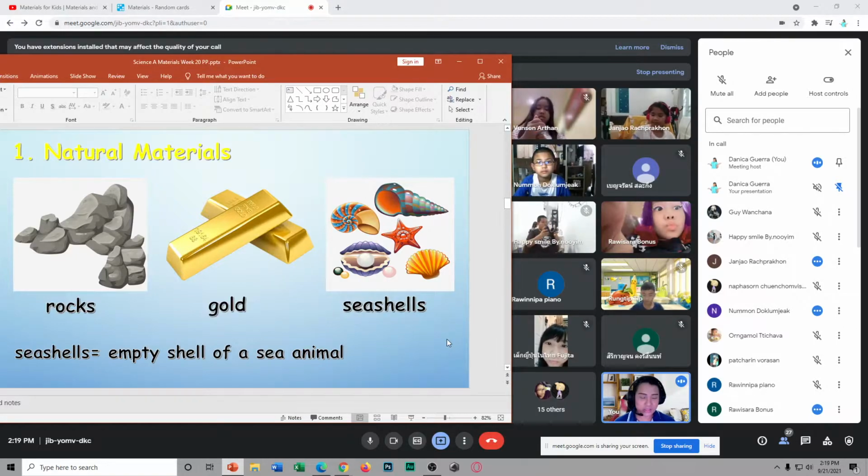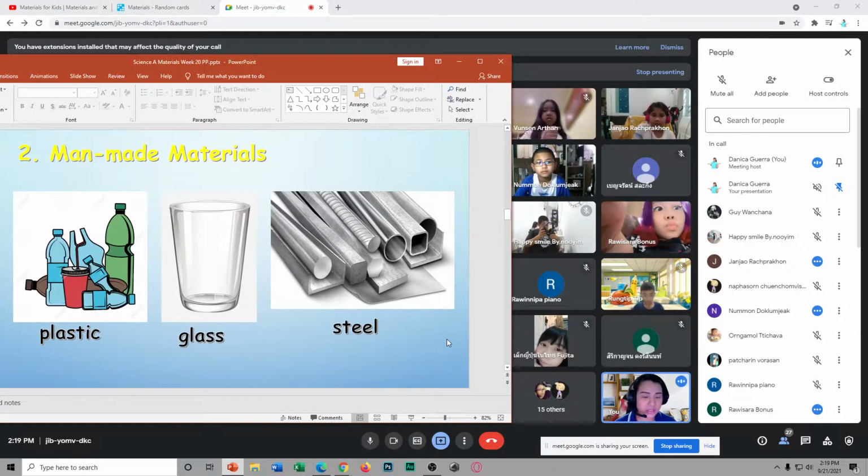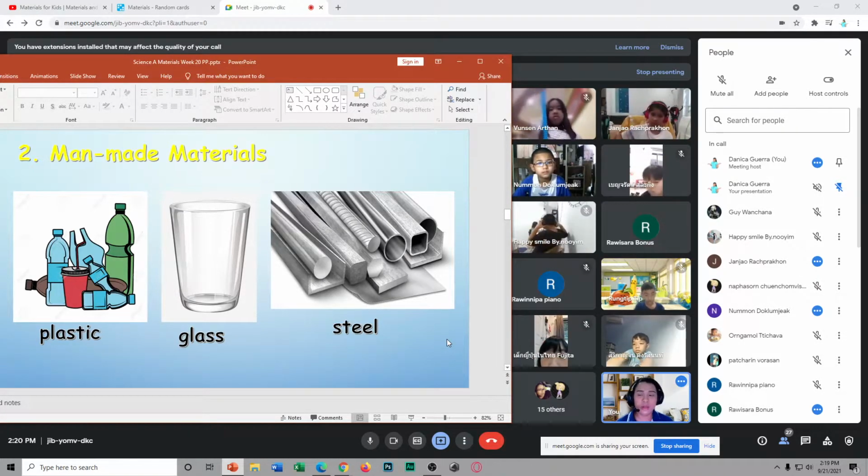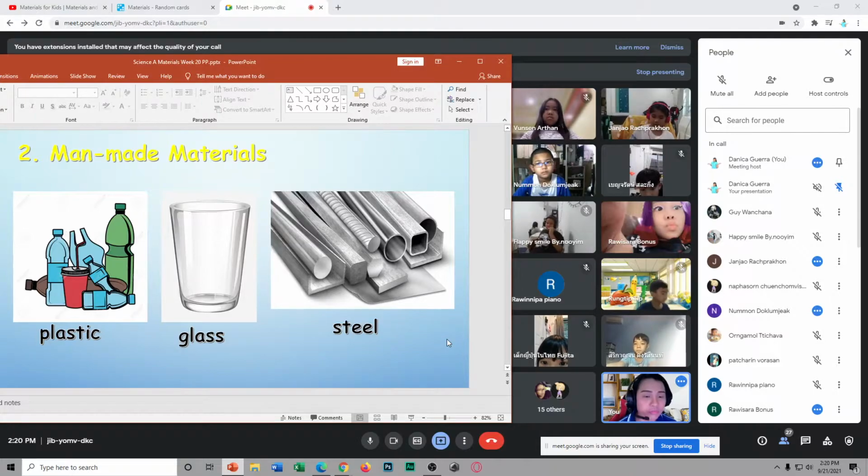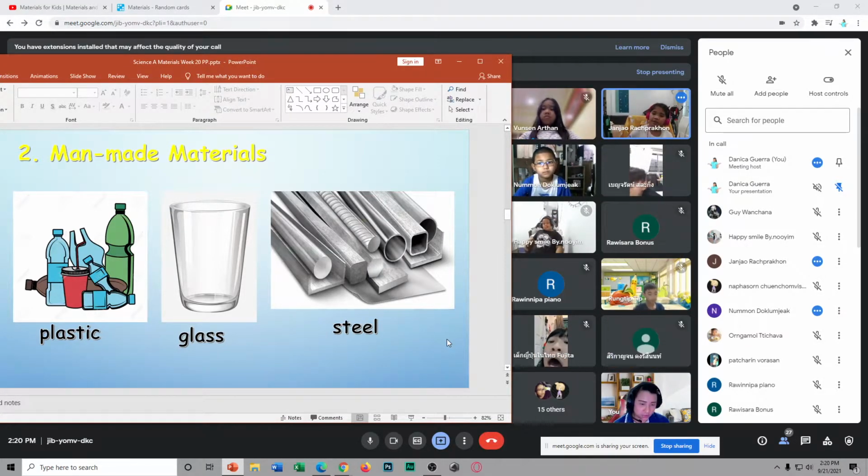Let us talk about man-made materials. Man-made materials are the things that were made by people. For example, plastic. Plastic is made of what? Chemicals. Yes, chemicals.